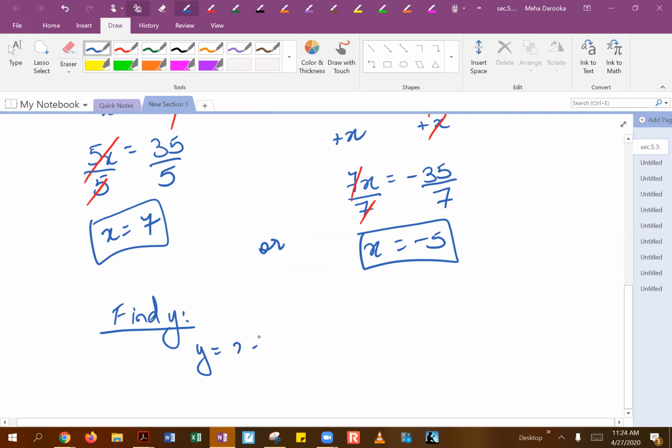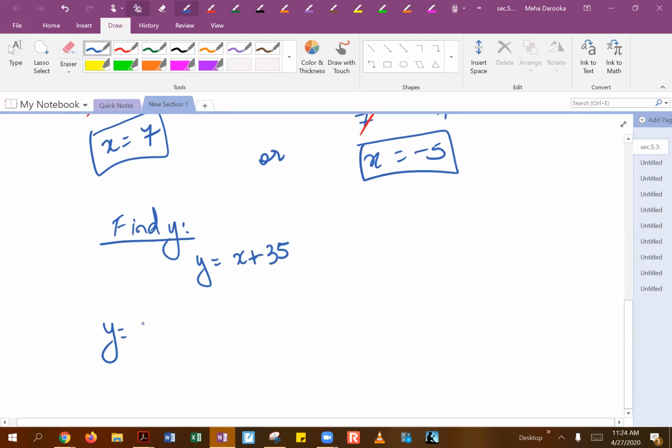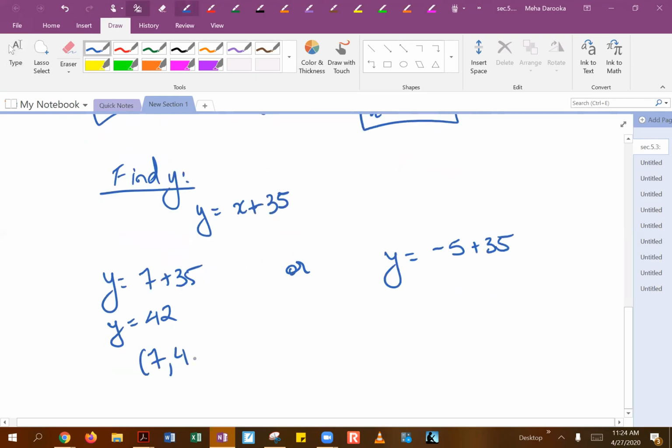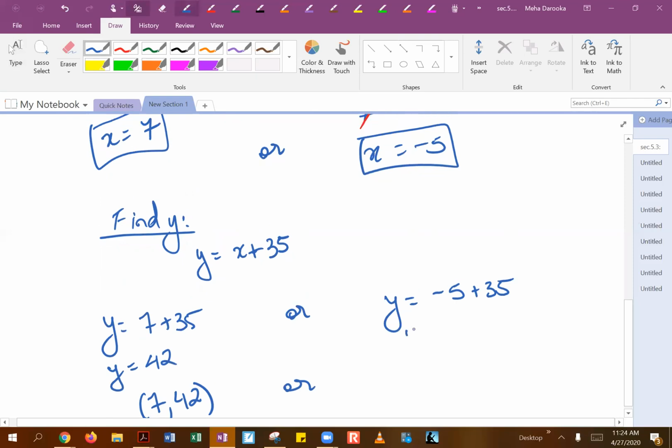So y equals x plus 35. And what will be our two answers? For your first one, y equals 42. So then it'll be 7 and 42. Very good. And then your other one is going to be y equals 30. So you'll have negative 5 and 30.